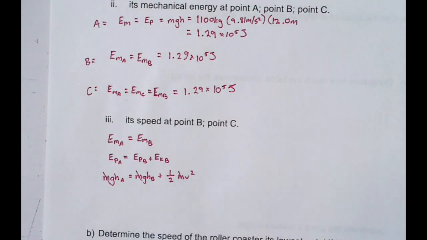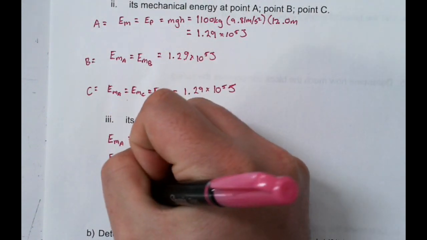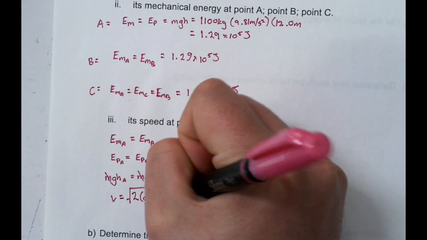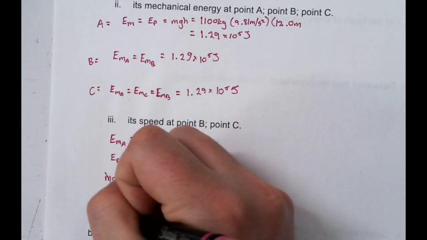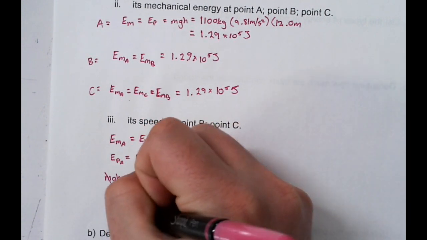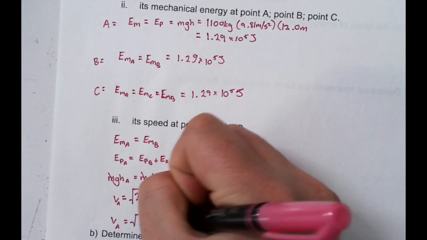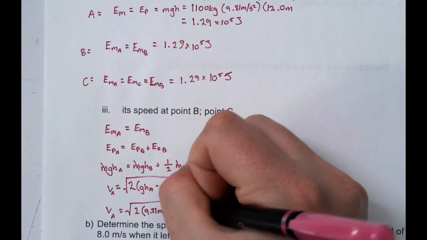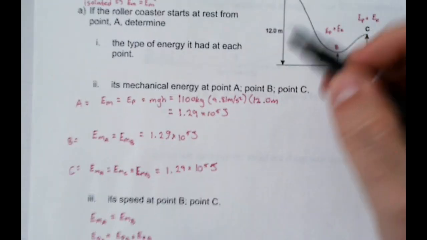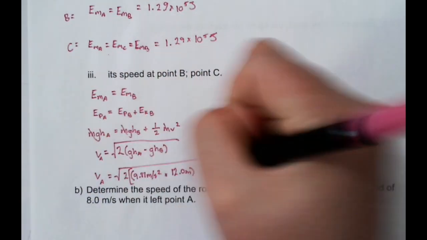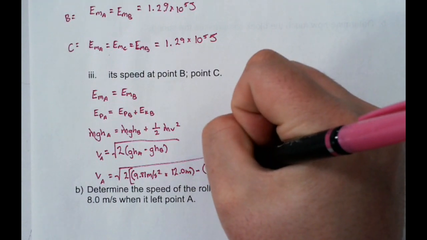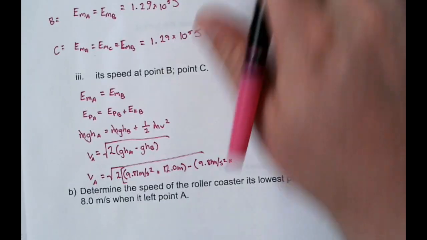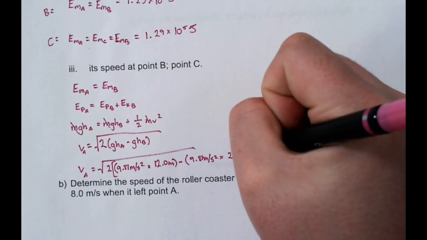Alright, and we want to rearrange and solve for velocity. Velocity is going to rearrange to the square root of 2 times g h A minus g h B. So its velocity at point B is going to be the square root of 2 times 9.81 meters per second squared times 12.0 meters, which is our height at point A, minus 9.81 meters per second squared times our height at point B, 2.0 meters.